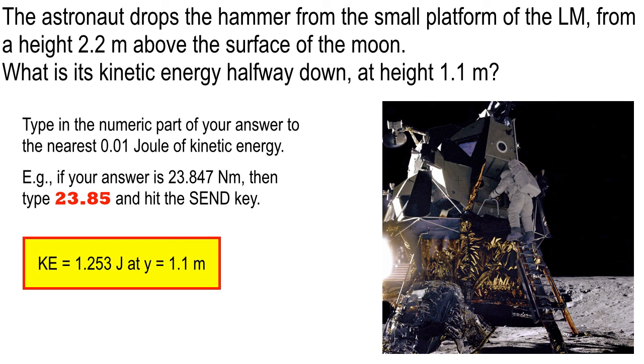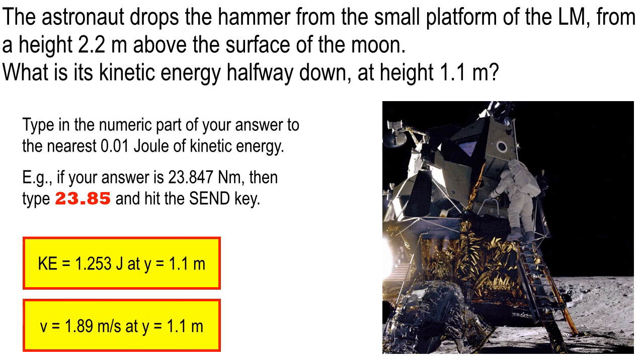And since that is 1/2 mv squared, and since you know the mass, 0.703, you can now use the same procedure as we did with the table and figure out, as very many of you did successfully on Thursday with clickers, right at the end of class, that the speed at 1.1 meters on the way down to the surface is downward 1.89 meters per second.